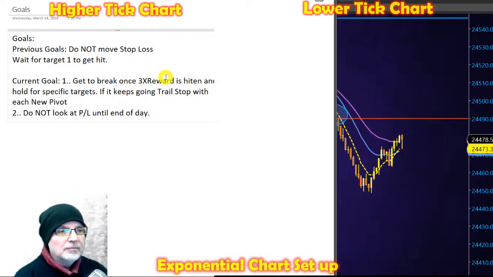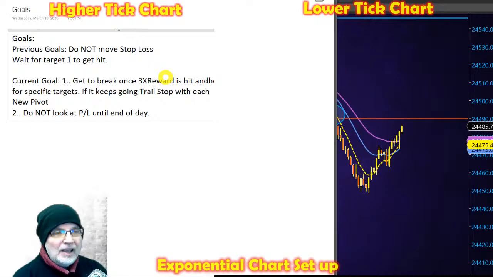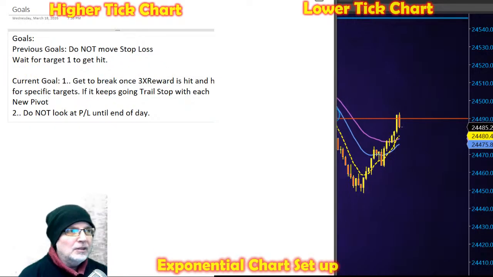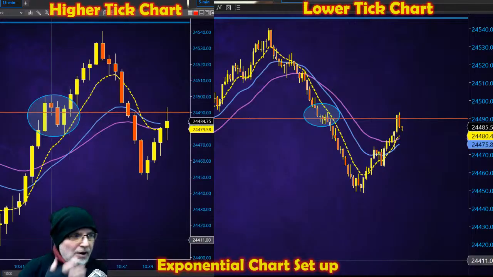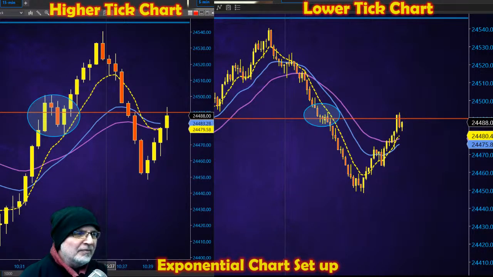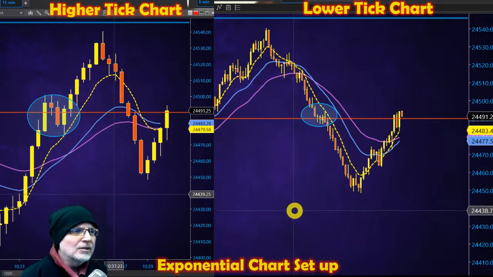Then hold. And hold for specific target. That's what I need to put my mind on right there. Okay. So once it gets to 3 or 4 hour return, I'm going to go to break even. That's my new way of thinking. That's good. That's pretty good. I think that's fair.